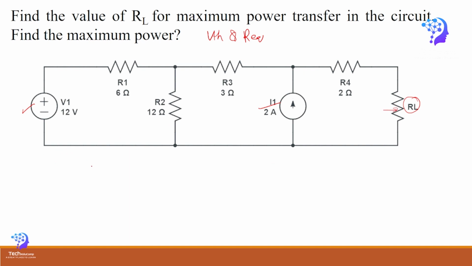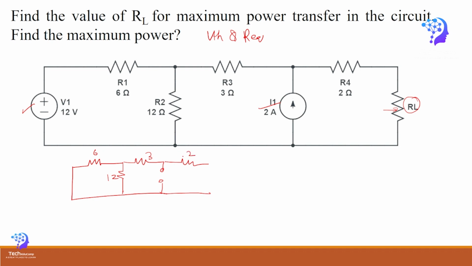So what this circuit will be looking like, this will be the short circuit, this will be resistance, this will be open circuit when the current source is removed, and this will be after removing the load resistance. This is 6, 12, 3 and 2.